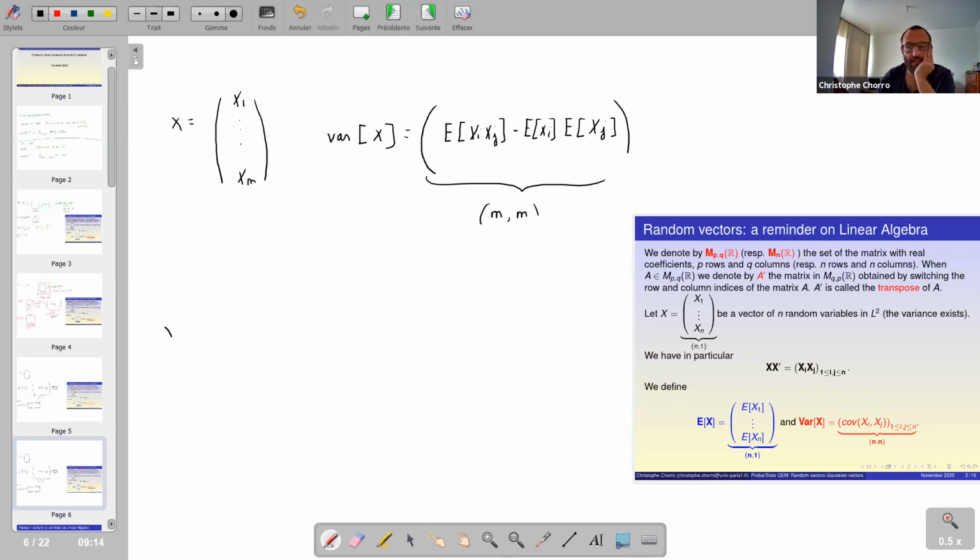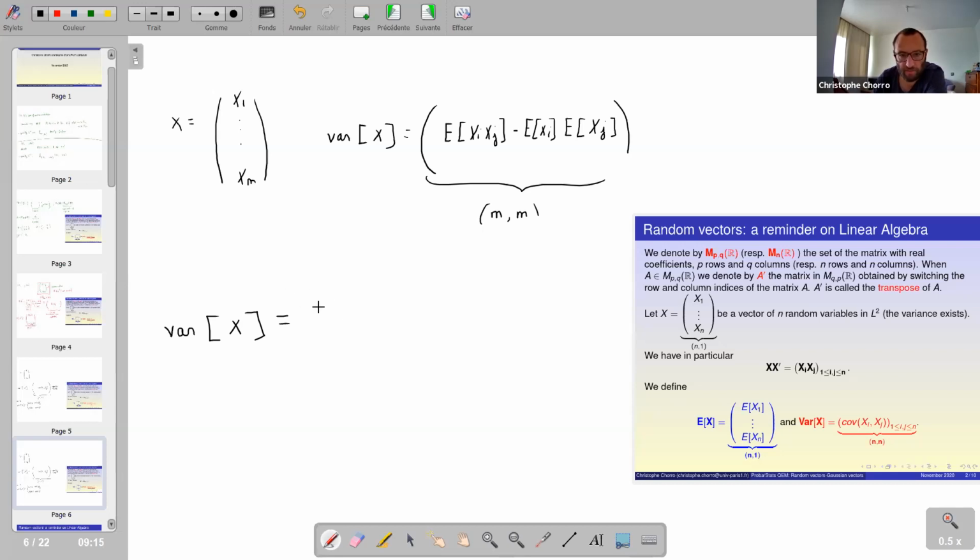In fact, I can write this variance covariance matrix using a compact notation.